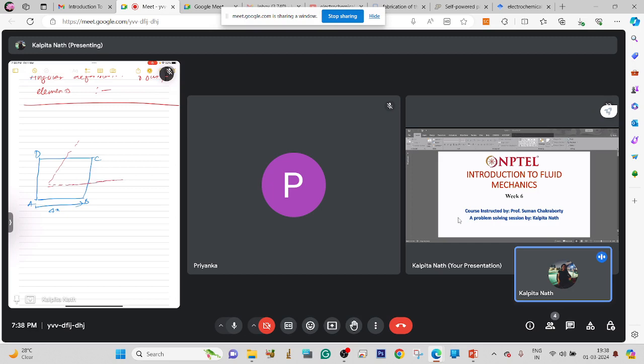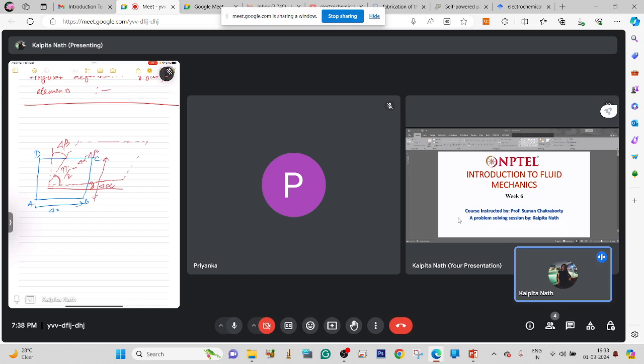So from horizontal it has moved to an angle delta alpha, right? And from the vertical it will be forming an angle delta beta. That means it was initially 90 degrees, so now this is pi by 2, that is 90 degrees, minus delta alpha minus delta beta.